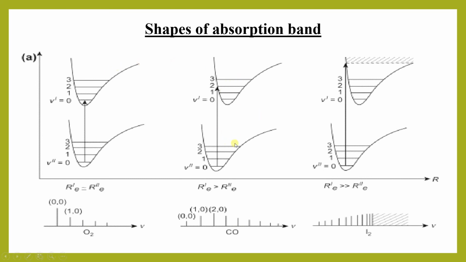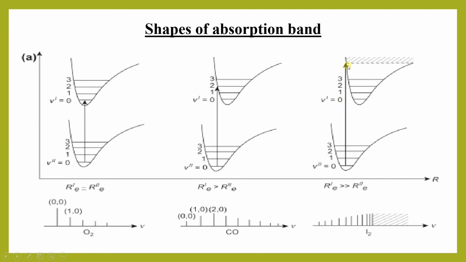In the second case, in the second diagram, the transition takes place from V is equal to 0 to V is equal to 2. Here the intensity of the transition is less when compared to the first diagram. When we come to the third diagram, the transition occurs from V is equal to 0 to V is equal to infinity.